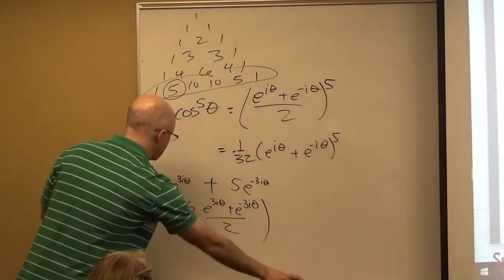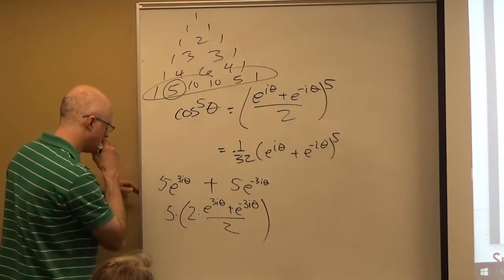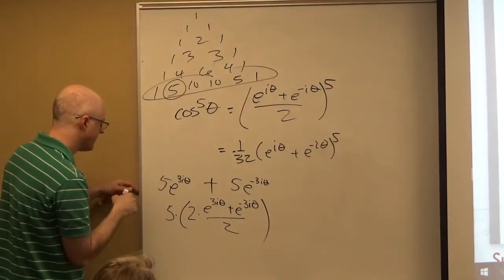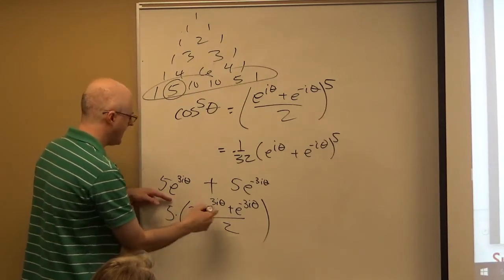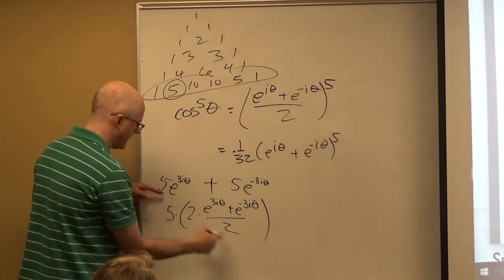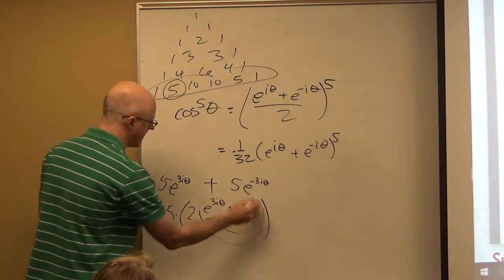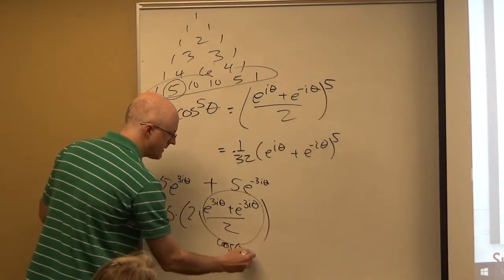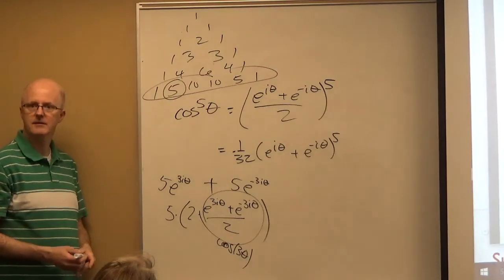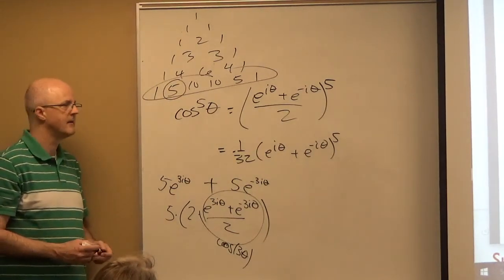I'm talking about combining, factoring out the 5 first, and getting 5 times this thing, and then putting 2's here and here, and this would be the same as cos 3 theta. That's really simple.